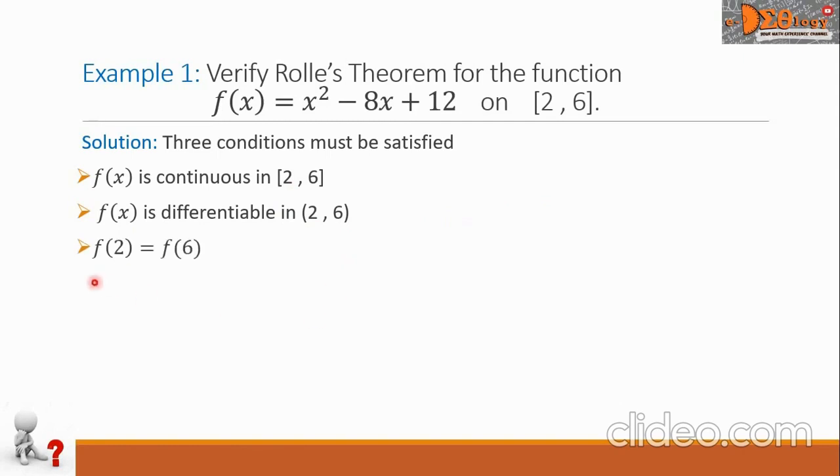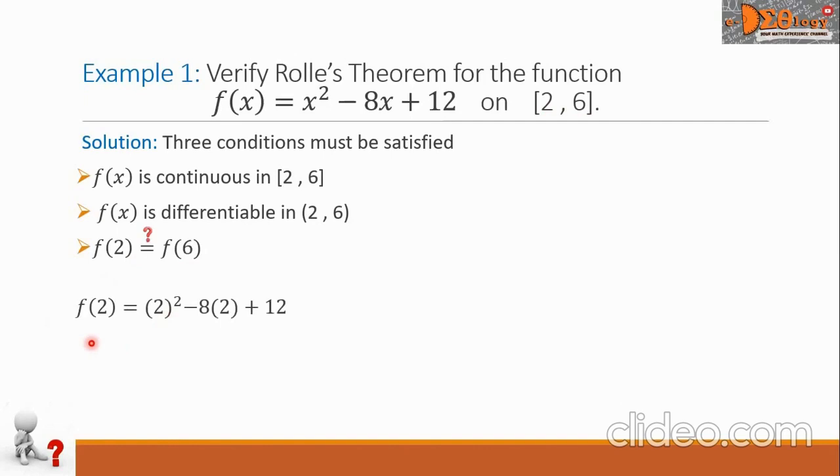Third condition, f of 2 equals f of 6. Take note that in our interval here, the first number is a, the second number is b. So our f of 2 is equal to f of 6 must be verified first.